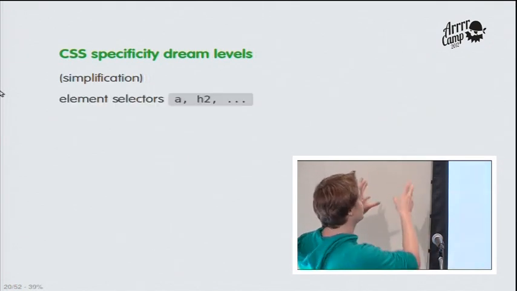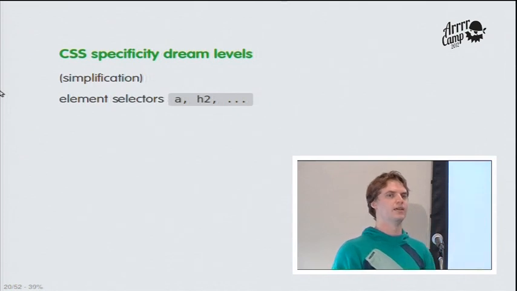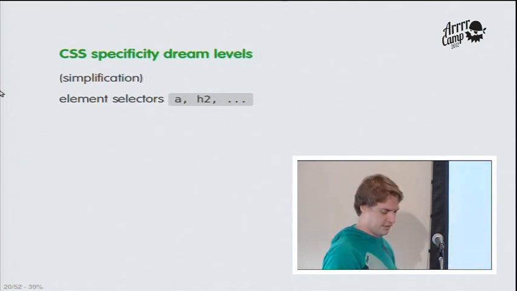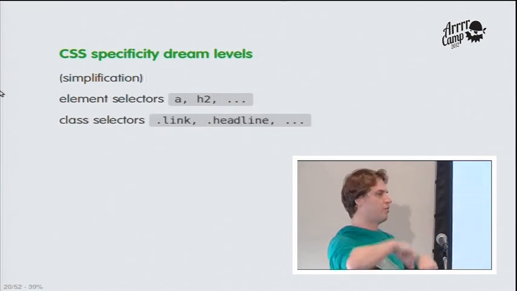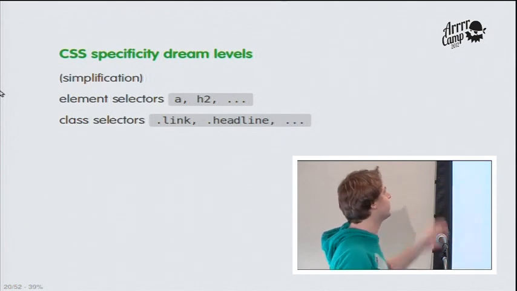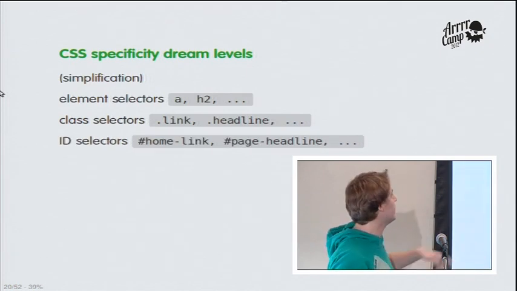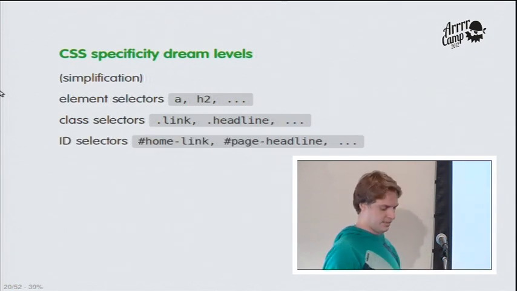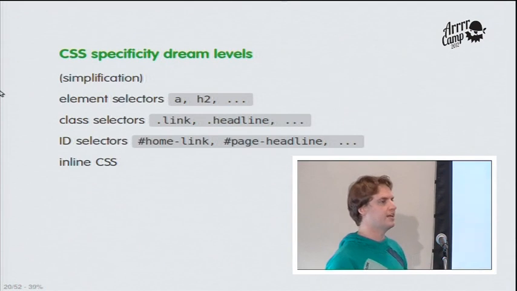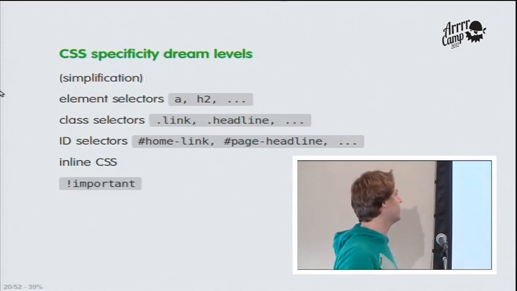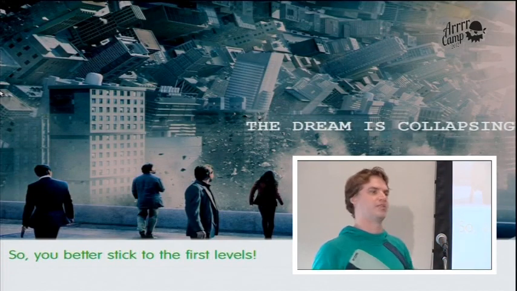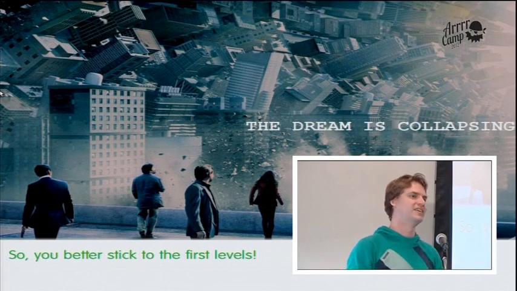We have the reality level where we have just regular element selectors. Then if you want to change something about reality and override something, you go one level deeper and use classes. A CSS selector with a class is always going to override an element selector. Beyond that come the IDs, and if you go one level deeper, you have inline CSS, and if you go even deeper, you have important, and then the dream's collapsing, and you don't want to go there.